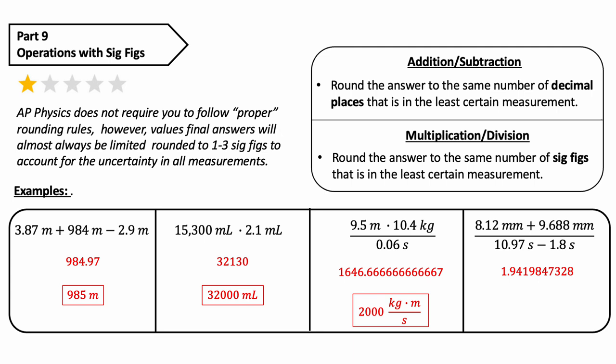So if I follow my decimal rule, my lowest number of decimals is 1 decimal place. And if I follow my sig fig rules, my lowest number of sig figs is 2 sig figs. So in that case, we actually end up doing the same thing no matter what. And we're going to round this to 1.9, and that 9 then stays a 9 and doesn't get rounded up.